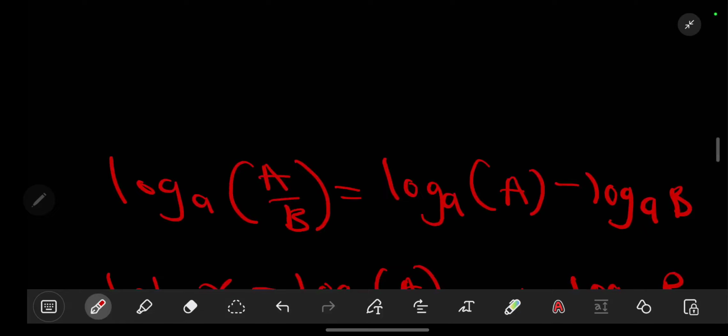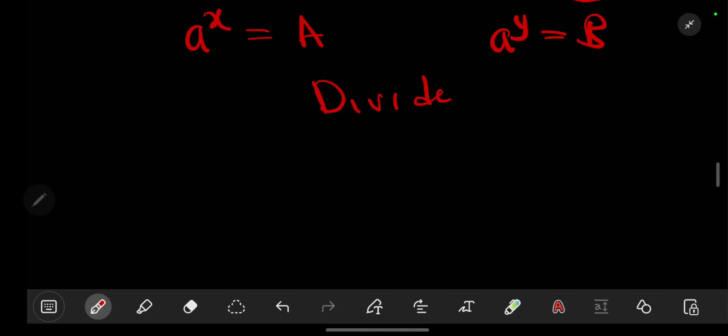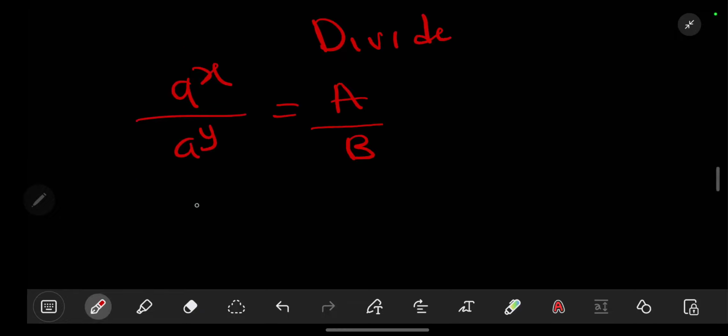Now remember, here we have minus and a and b are dividing, so what you are going to do is divide. So we have a to the power x over a to the power y should be equal to a divided by b, like that. So this is going to give us a, pick one base, subtract the powers, which should be equal to a over b, like that.